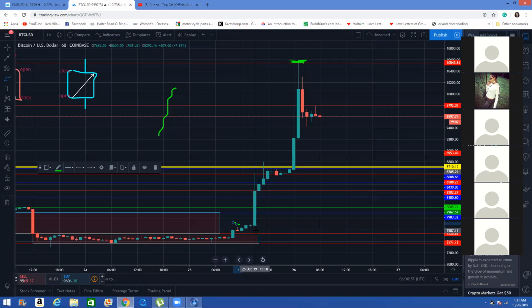Not retest. You have the idea right, but you've got to use the terminology right. It would be reject. It might reject this resistance line.